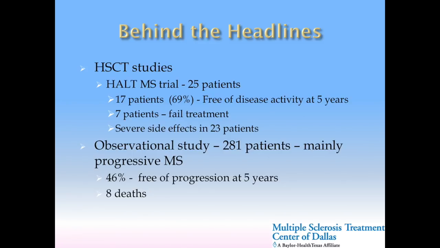So let's look at the hematopoietic stem cell transplantation headlines. All right, there have been several studies talking about the effectiveness of hematopoietic stem cell in MS patients. And I highlighted two of them here. And when you look at those studies, as I said, they have about 25, 10, or 20 patients, and they're all phase 2 studies.